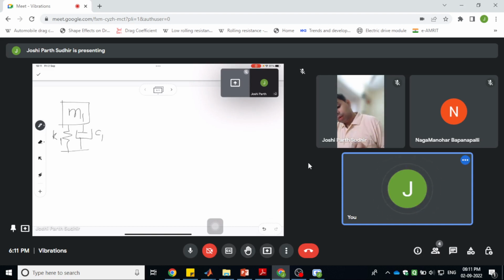This k1 and c1 represent the suspension, and this is the car body.